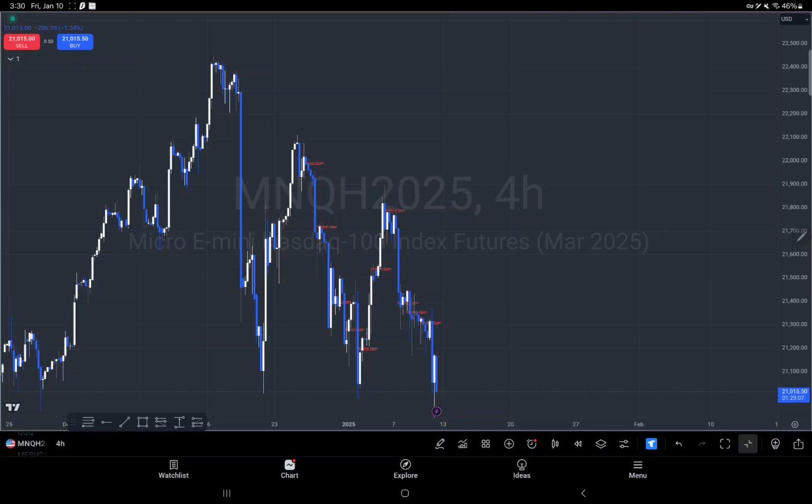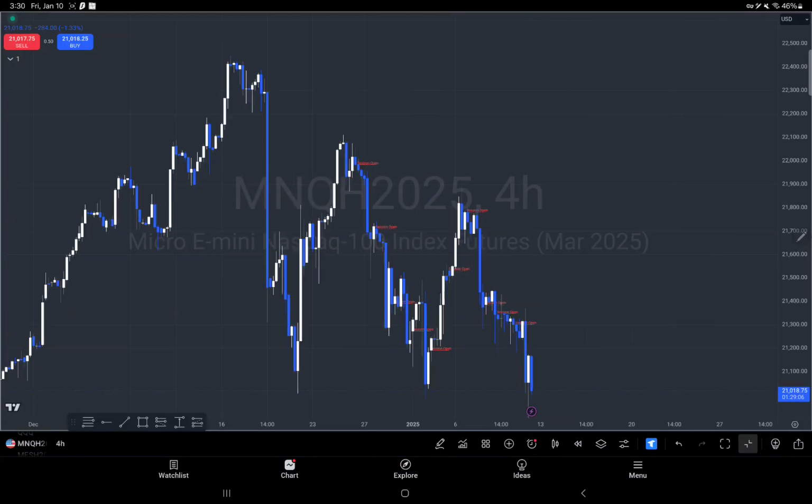So one of the things I've learned over the years is ICT. And this is one of the trade setups that I learned from him and his courses and things like that, that still is relevant today.